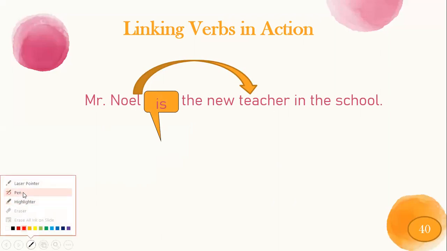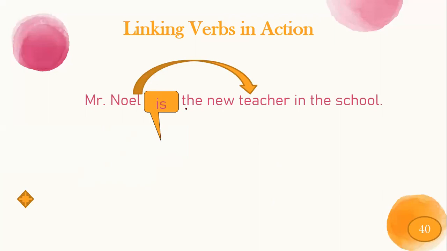Predicate adjective? No, not a predicate adjective. Pay attention. We said it's the new teacher. Who is the new teacher? Mr. Noel. So teacher here talks about Mr. Noel. New here describes the teacher itself, so new doesn't describe the subject.